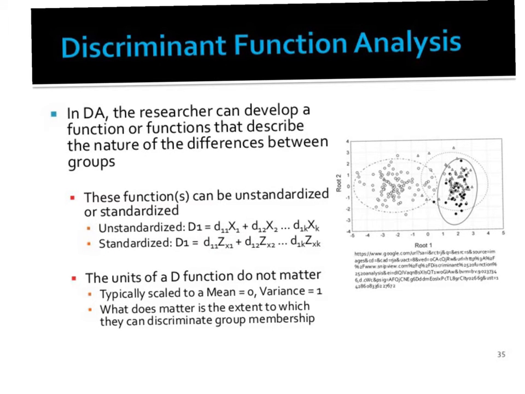So in discriminant analysis, the researcher develops a function or functions that describe the nature of differences between groups. These functions can be standardized or unstandardized, just like in regression.